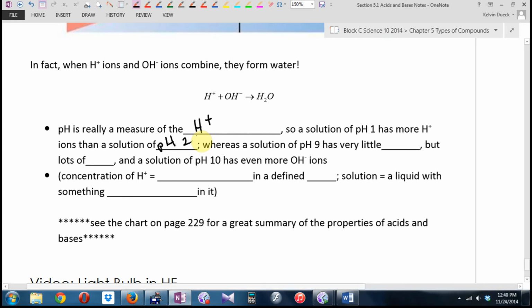A solution of pH 9, which is on the right side of water, which is more basic, has very few H plus ions, but lots of OH negative ions kicking around. A solution of pH 10 has even more OH negative ions.